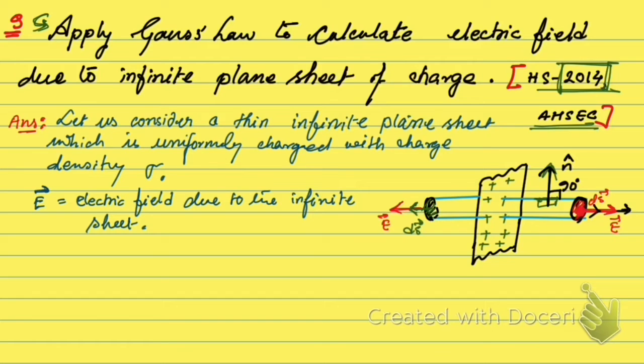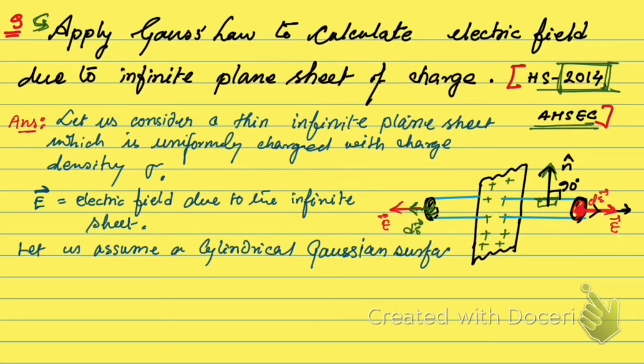Now let us assume a Gaussian surface that should be cylindrical. Cylindrical Gaussian surface of length twice r.